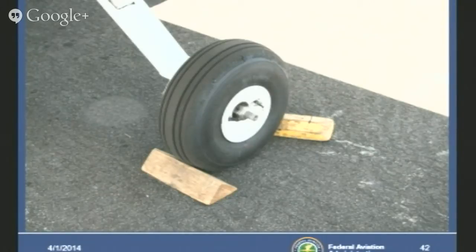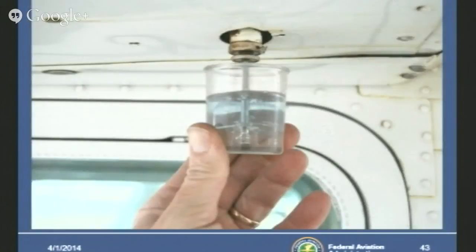Again, still looking at the main landing gear. Checklist then moves us up to sump the fuel drain on the left tank.